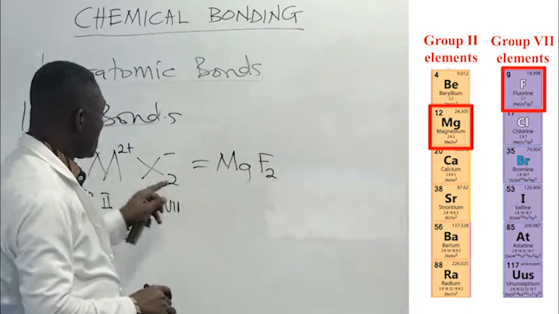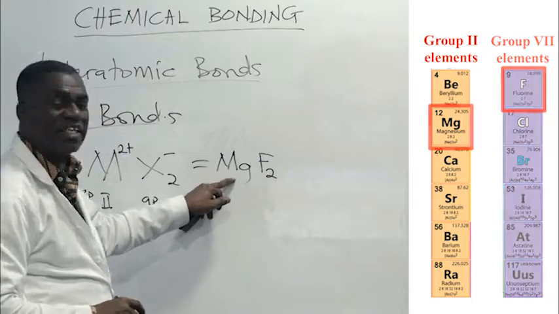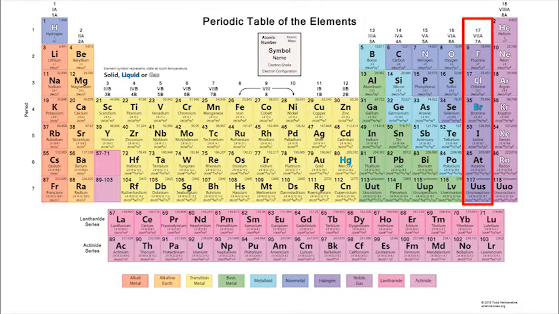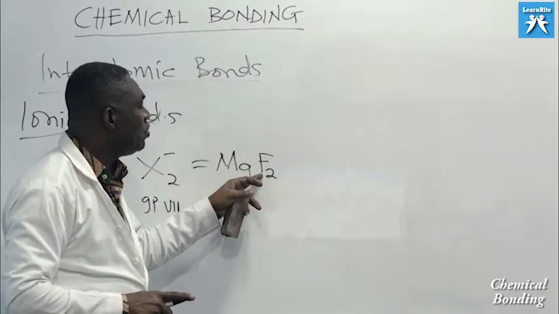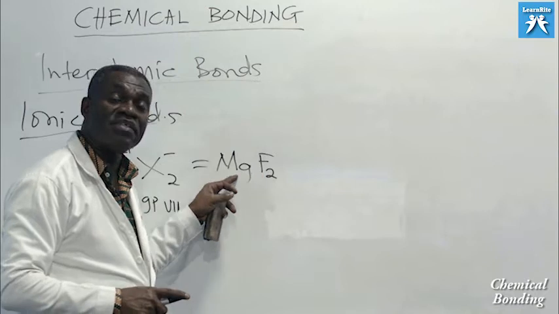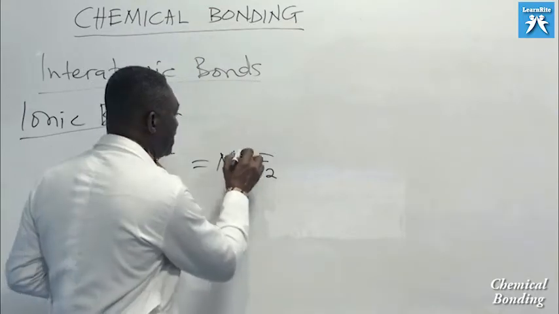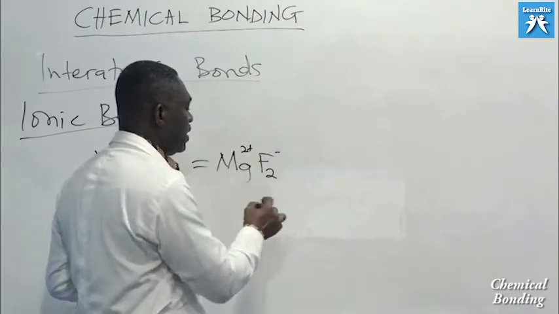So here I've written magnesium. Magnesium, where is it located on the periodic table? Group 2. How many electrons can it lose? 2. Fluorine, where is it located? Group 7. How many electrons can it accept? 1. So you cannot have only 1 atom of fluorine accepting the 2 electrons. So you need to multiply the fluorine by 2. So this simply means that this is +2, that is -1.